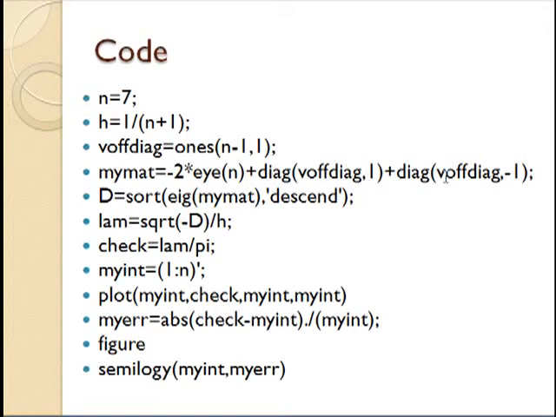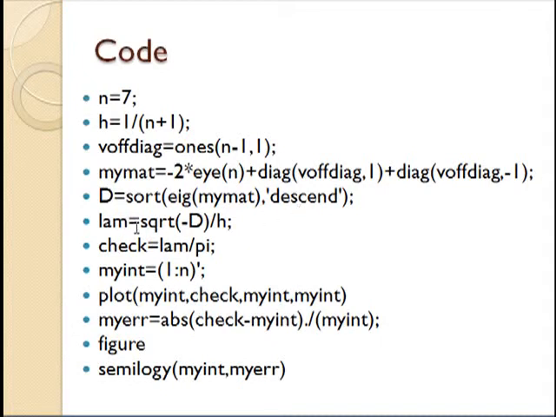And then these other 2 terms put the 1's on the off diagonal, and so this gives me my matrix. Then I can find the eigenvalues of that. The Matlab function is eig. eig of my matrix gives me the eigenvalues. And then I sort those in descending order, and that gives me my 7 values for the little e.